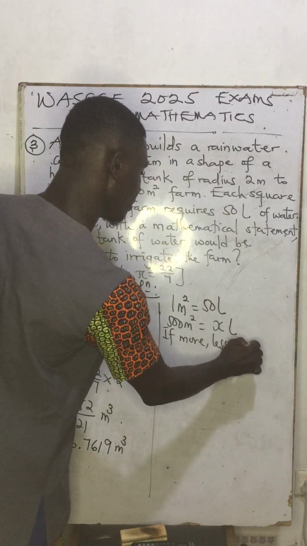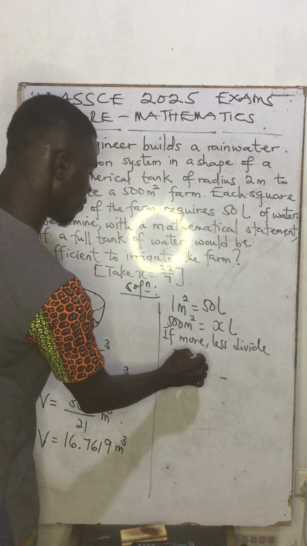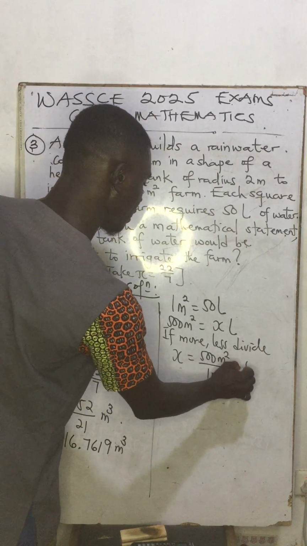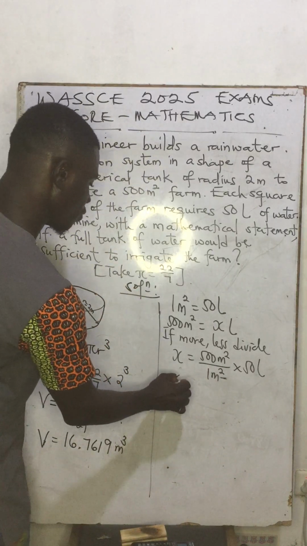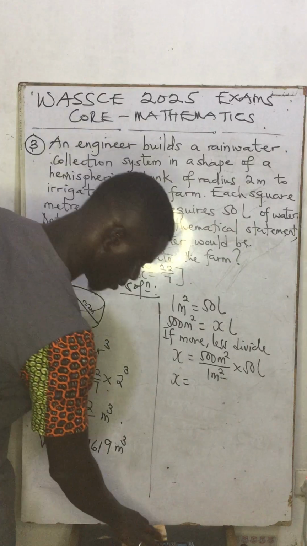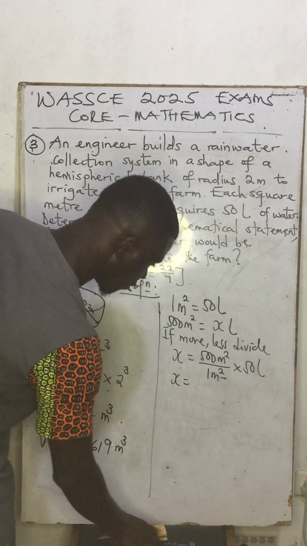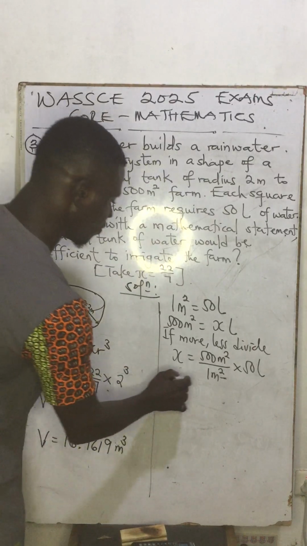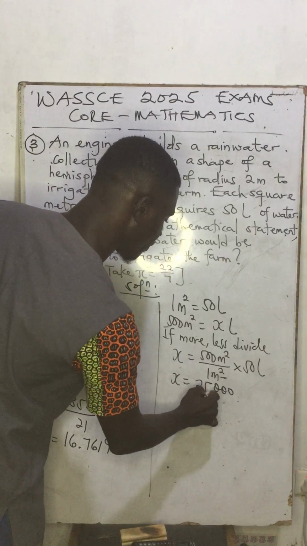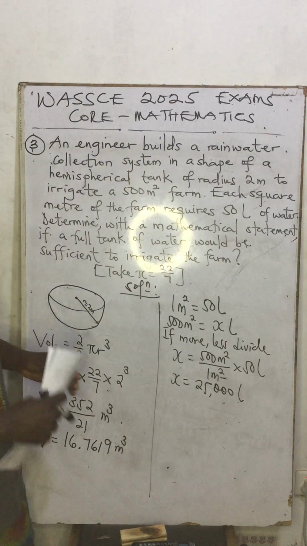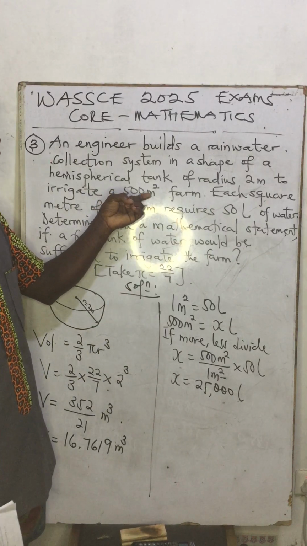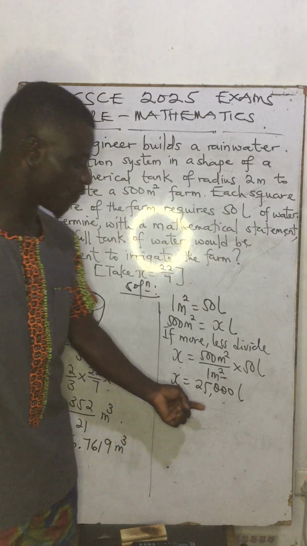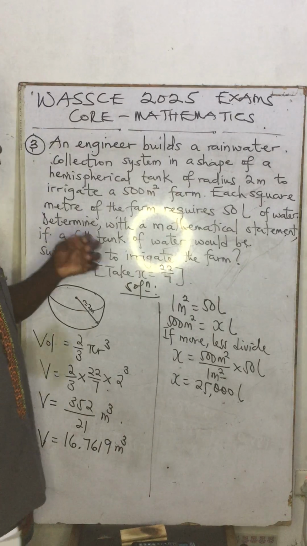So we can say, if more, let's divide: x is equal to 500 meters squared over 1 meter squared times 50 liters. So this is 500 over 1 times 50 liters, and we will get 25,000 liters. Which means the 500 meter squared farm will require 25,000 liters of water to irrigate.